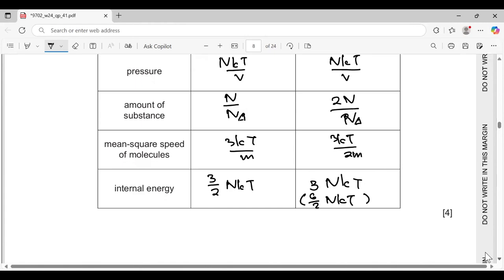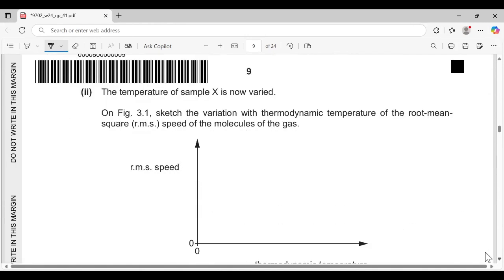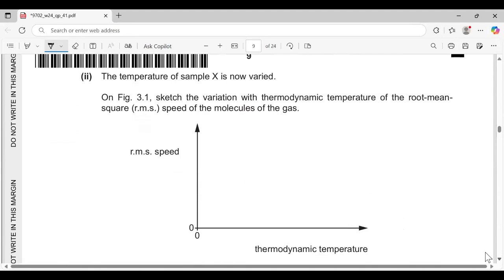Next question. The temperature of sample X is now varied. On figure 3.1, sketch the variation with thermodynamic temperature of the root mean square (RMS) speed of the molecules of the gas.